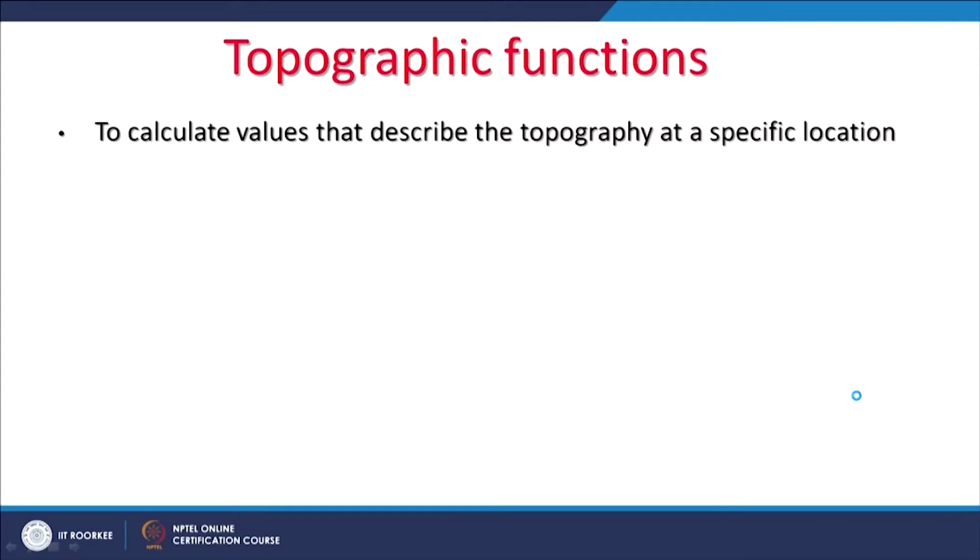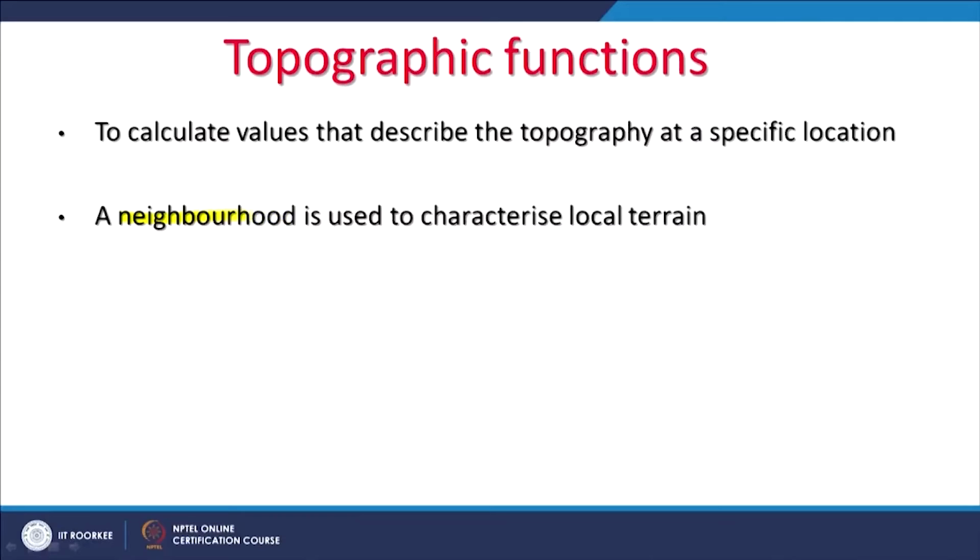Now, in order to calculate this slope or any of these common derivatives which describe the topography at a specific location, what we resort to, as earlier also mentioned, is the neighborhood. So, what is in the neighborhood will decide it relatively.